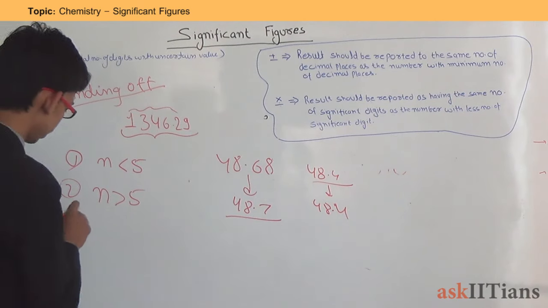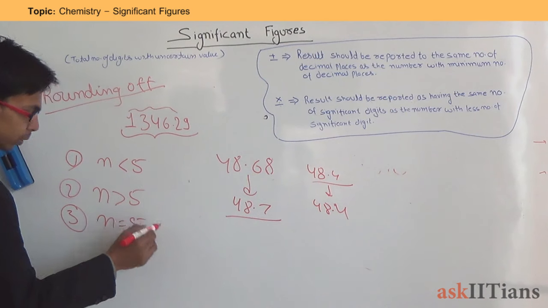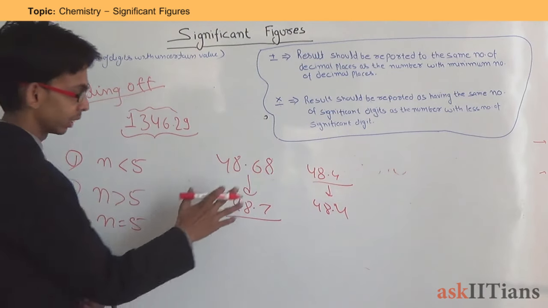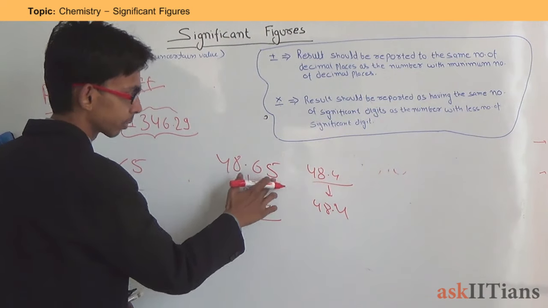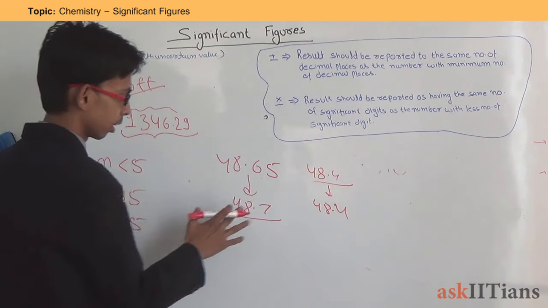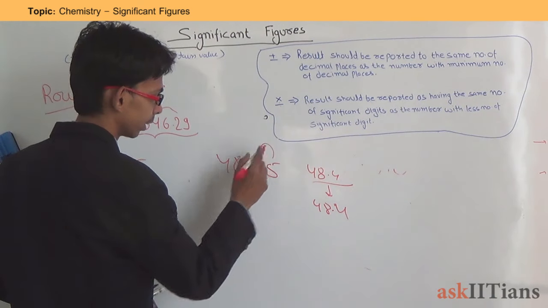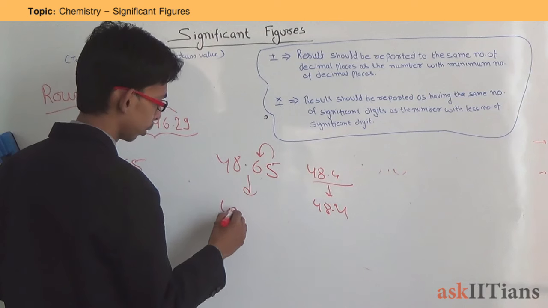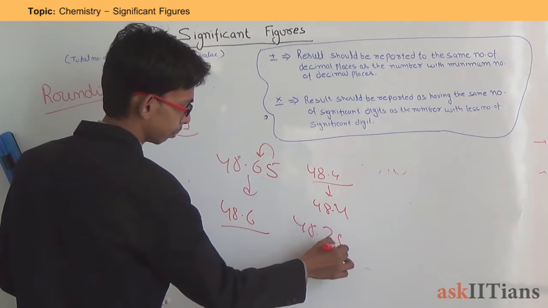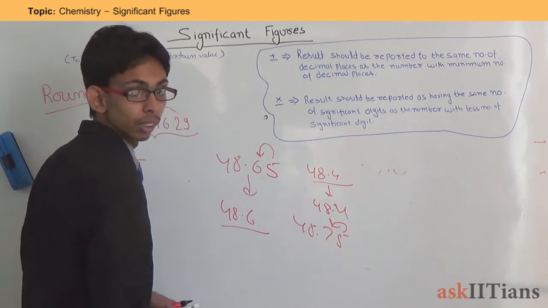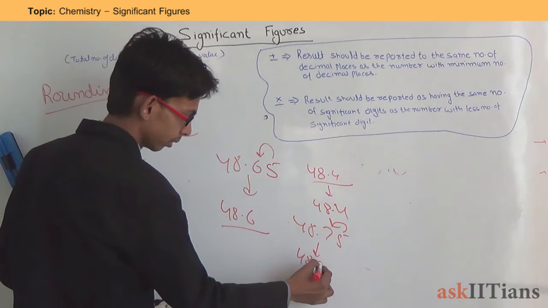And what happens if the digit which is to be removed is equal to 5? In that case, that means this. If we want to remove this 5, then if the preceding number is even, we will just report it as such. But if the preceding number is odd, then we need to increase it by 1.